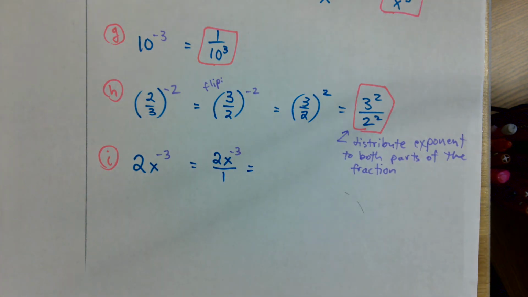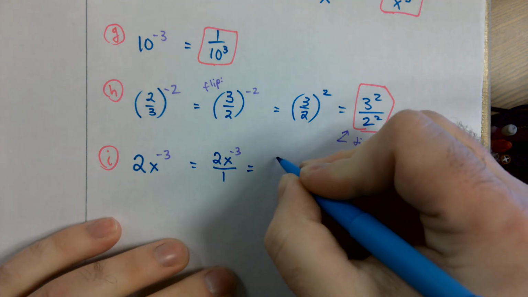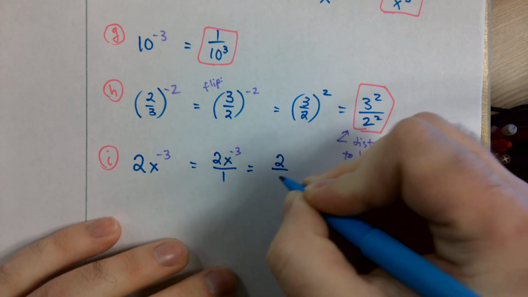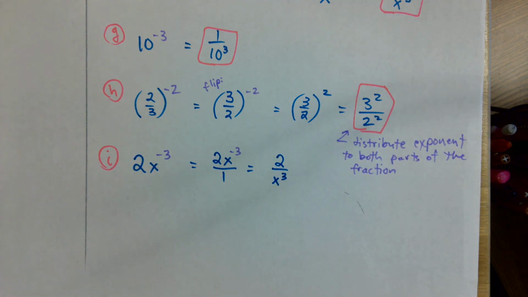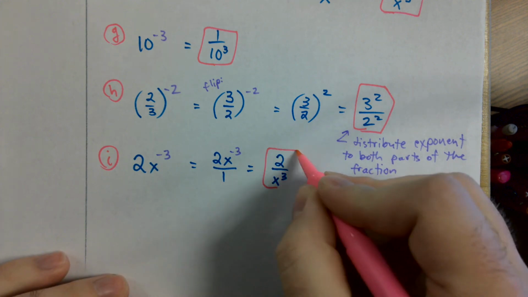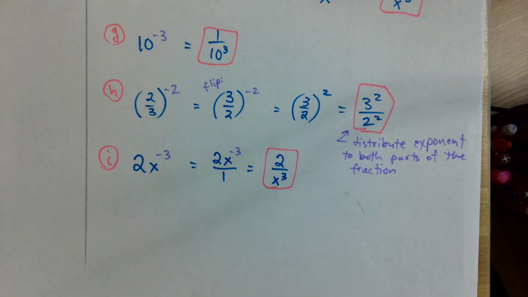And this is going to equal 2 over x to the third. Now I know that may look a little confusing to you. Let me explain how we got to this point.